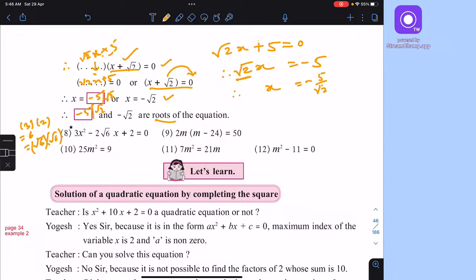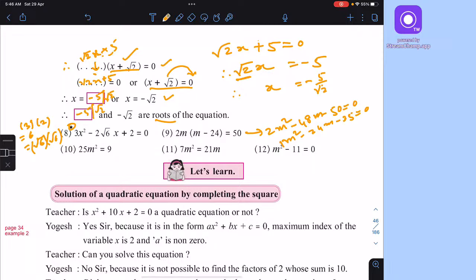This example 8 is starred, so we shall see it in detail afterwards. This one is easy. You can see here, this can be written as 2m square minus 48m, and this 50 transposes to the left hand side and becomes minus 50 is equal to 0. You can divide by 2, so this becomes m square minus 24m minus 25 is equal to 0.